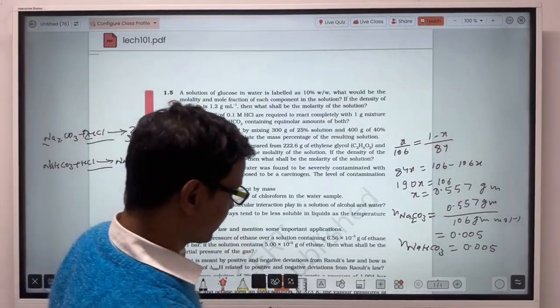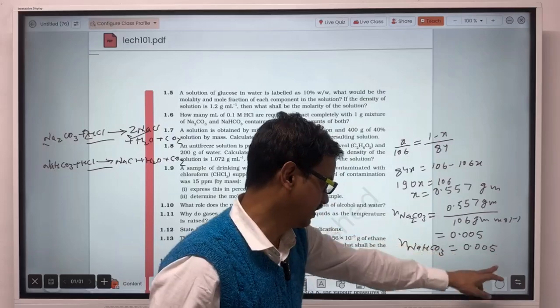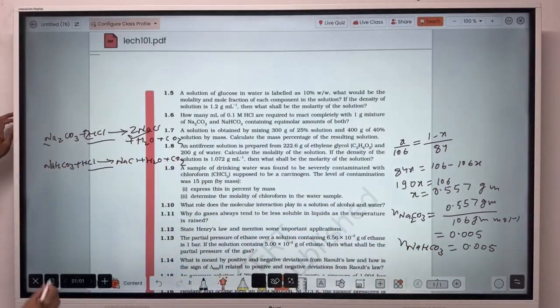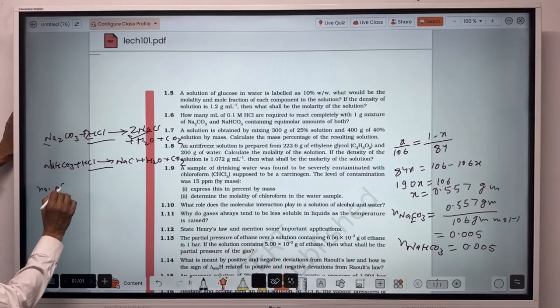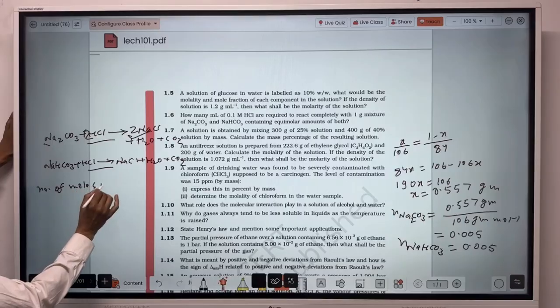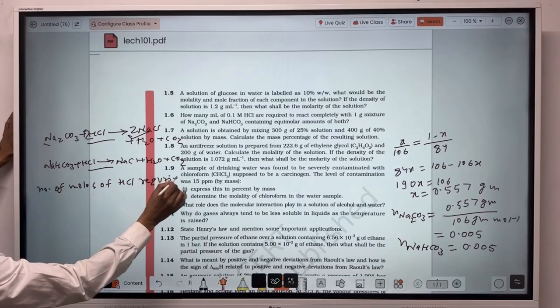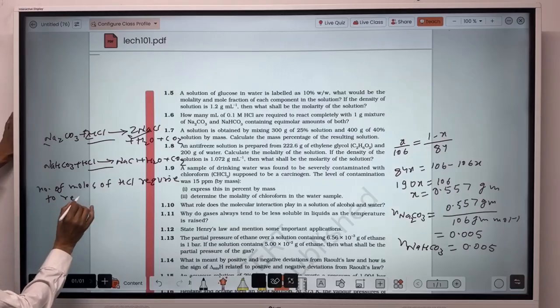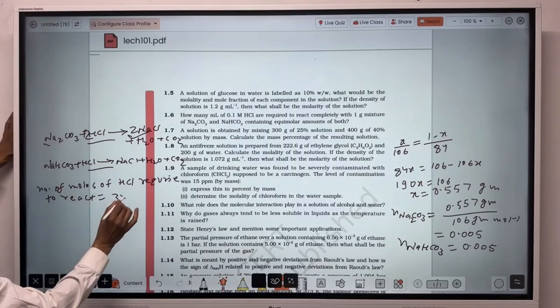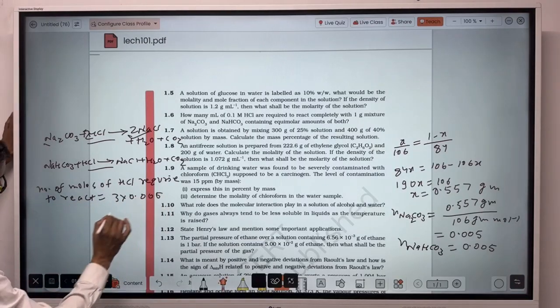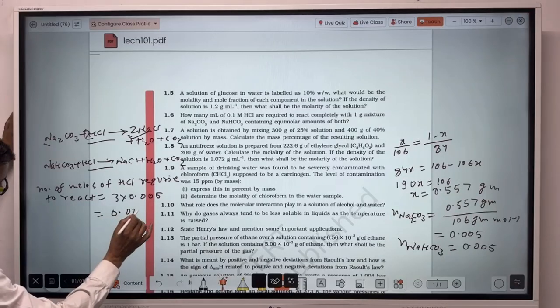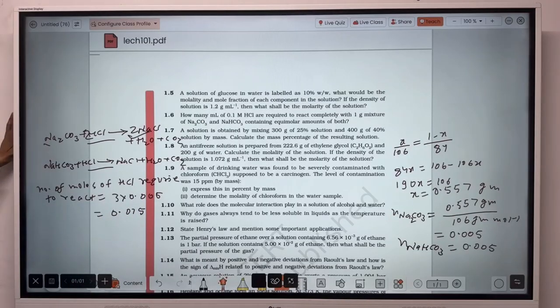So the total number of moles of HCl required to react will be 3 into 0.005, that is 0.015. Then here the molarity is given as 0.1.